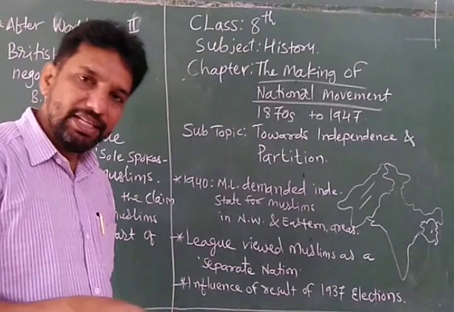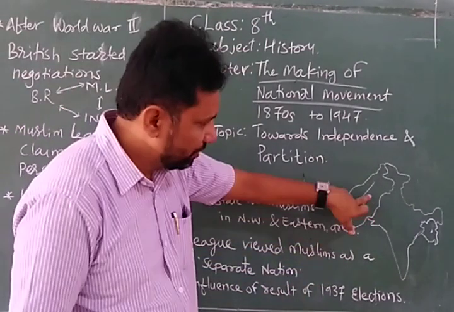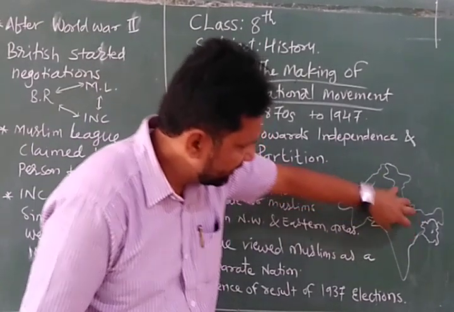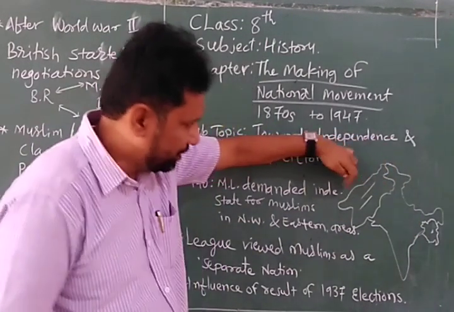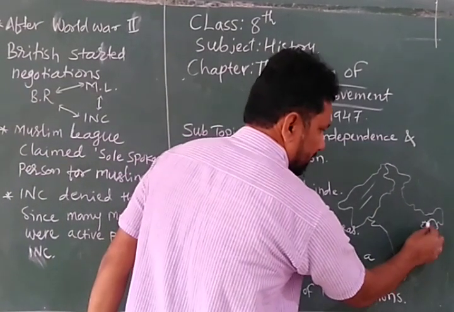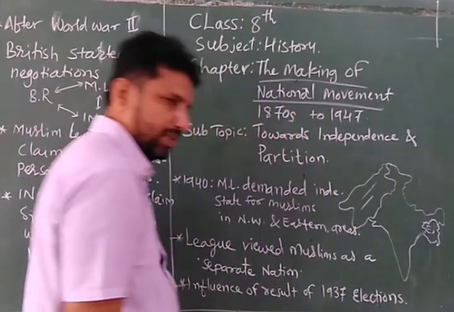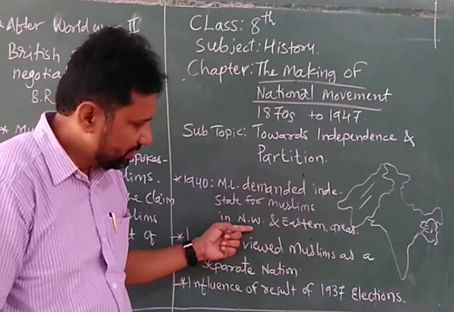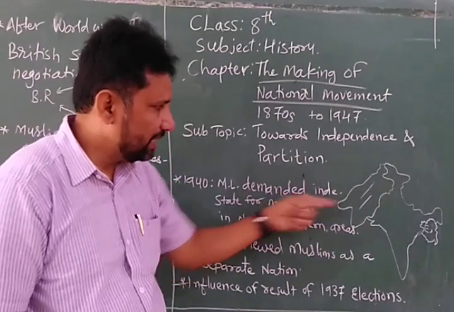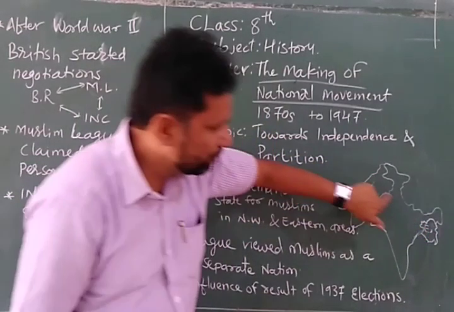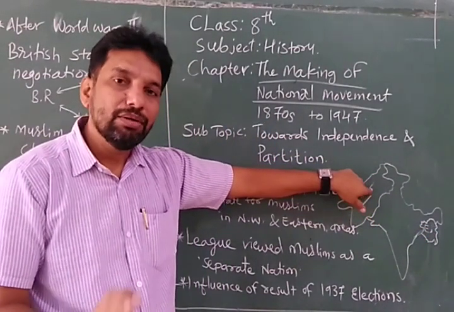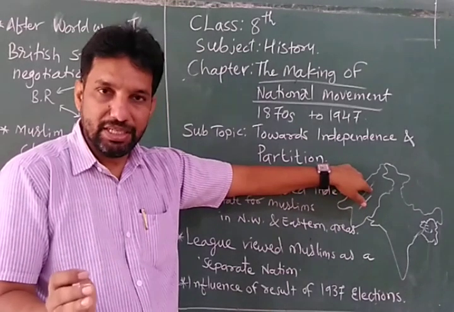Presently, we may observe this area of India, the northwest area, and the eastern part of the country. In the northwest and eastern areas of the country, the Muslim League demanded that these parts should be given to the Muslim population only, as a separate country.